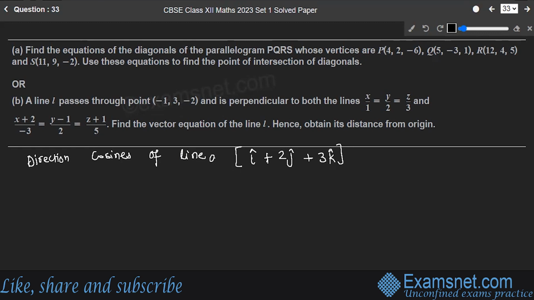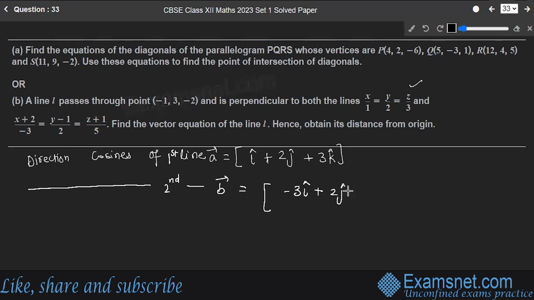Let's say this is A. And the direction ratios of the second line, let's say that is B, are −3i + 2j + 5k. Now let's find the cross product of them.